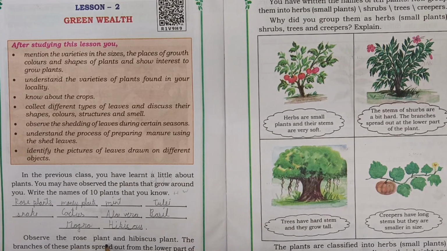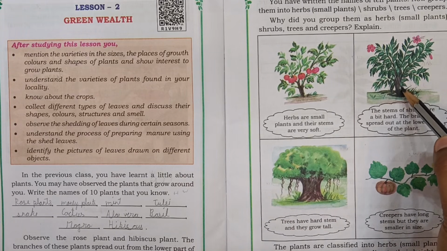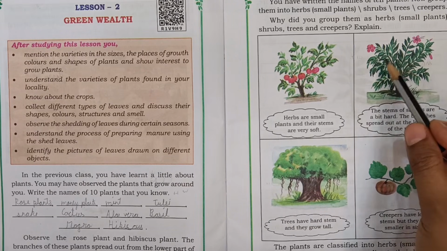Observe the rose plant and hibiscus plant. The branches of these plants spread out from the lower part of the plants. Don't they? See, the rose plant and hibiscus plant. See the hibiscus plant here. From the bottom of the plant they start growing their branches.